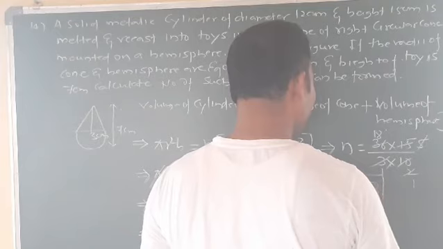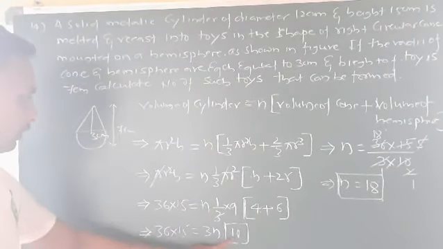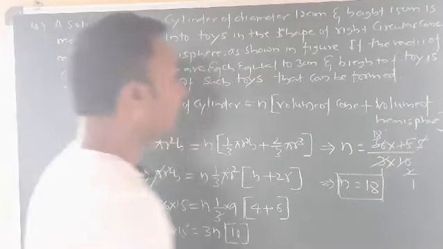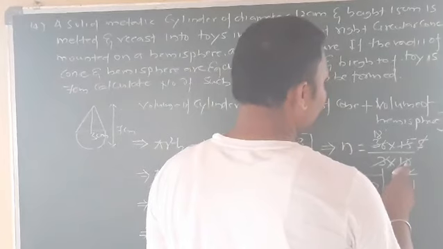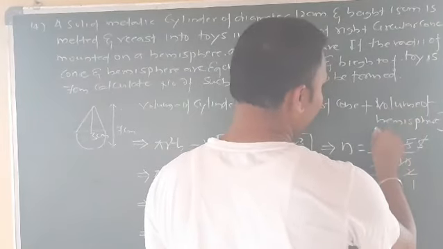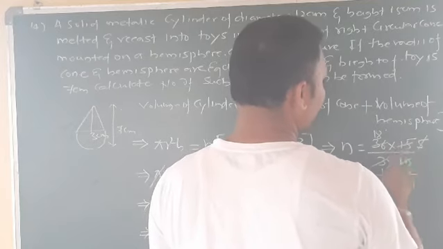Now just see, this is 3 into 10. The remaining r square is 36, into the height 15 we have. Let's check again. 3 ones are 3, 3 12s are 36.